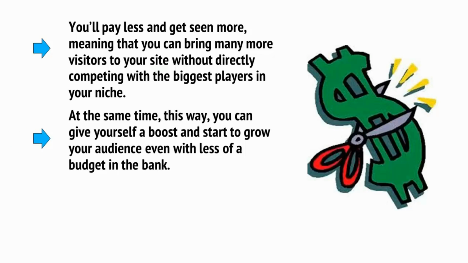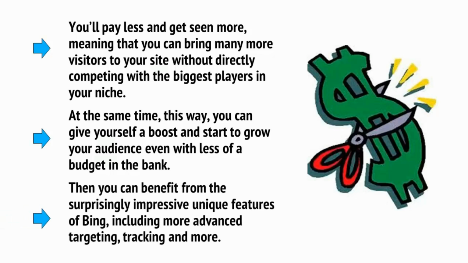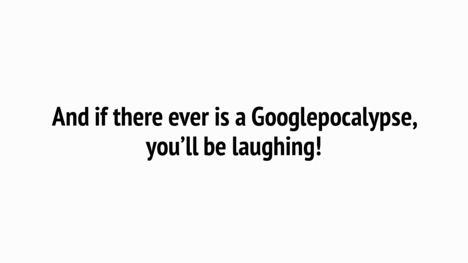At the same time, this way, you can give yourself a boost and start to grow your audience even with less of a budget in the bank. Then you can benefit from the surprisingly impressive unique features of Bing, including more advanced targeting, tracking, and more. And if there ever is a Google apocalypse, well, you'll be laughing.